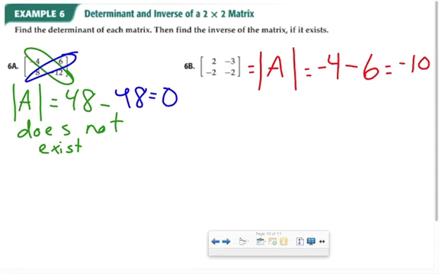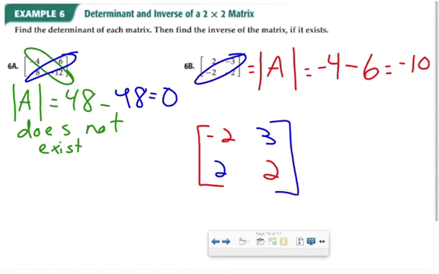So that means that we're going to switch these two values and then take the opposites of these two values and multiply them by the reciprocal of the determinant.